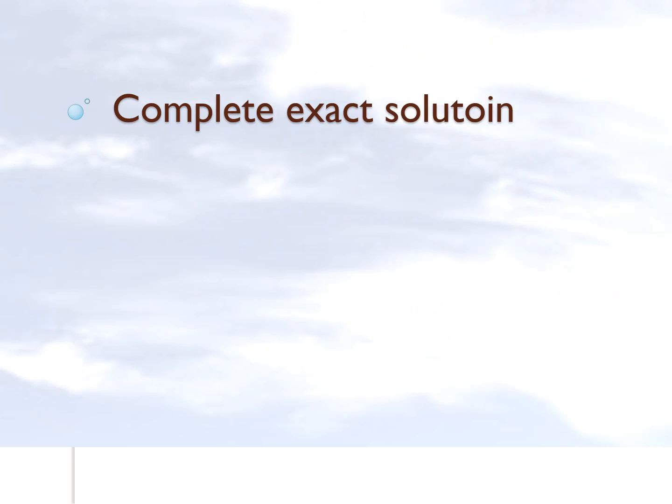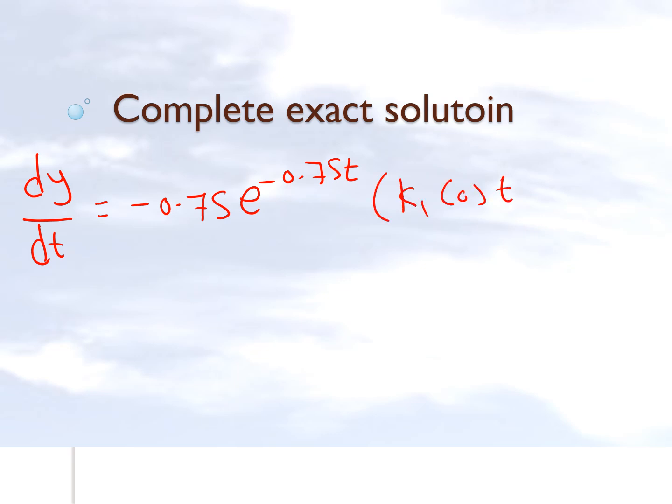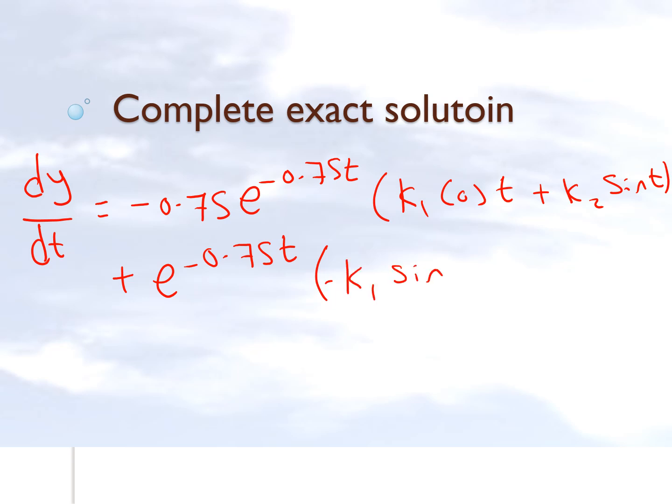We take the derivative. dy/dt is equal to minus 0.75 e to the minus 0.75t times (k1 cosine t plus k2 sine t) plus e to the minus 0.75t times (minus k1 sine t plus k2 cosine t).